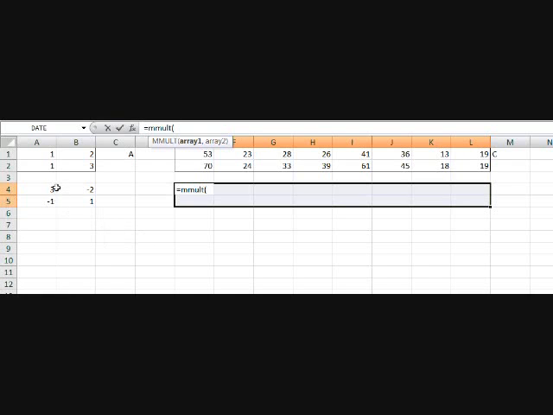So the first one is this 2 by 2 array, then we're going to put a comma, and we're going to multiply it by that 2 by 8 array and close parentheses. And again, when we're done, it's important we don't just hit enter, we have to hit Control Shift Enter. Okay, we do that, it carries out the multiplication.